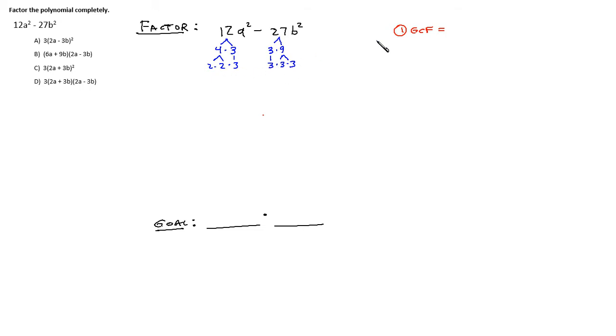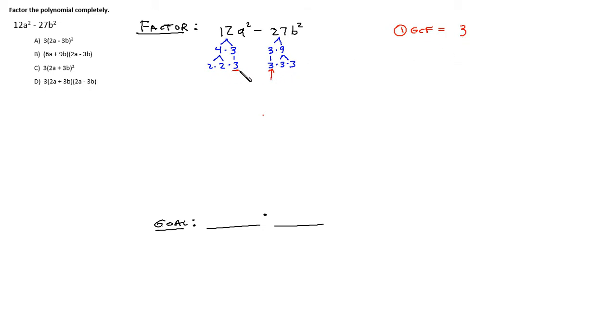Now across these, a greatest common factor is looking for identical factors in the first term as appear in the second term. So look, we are able to match up a 3. For every match, we report to the GCF one of those. There's a common factor of 3.